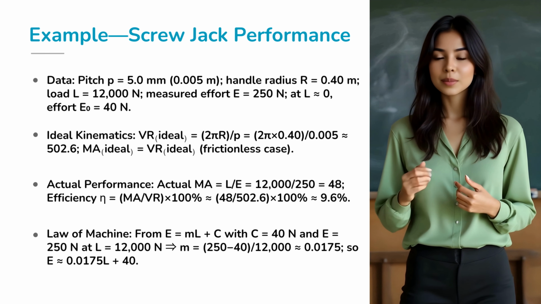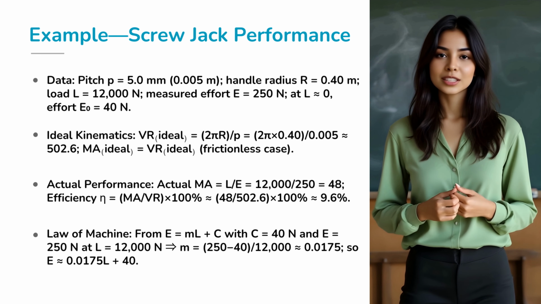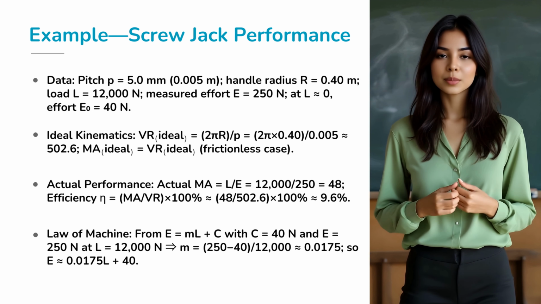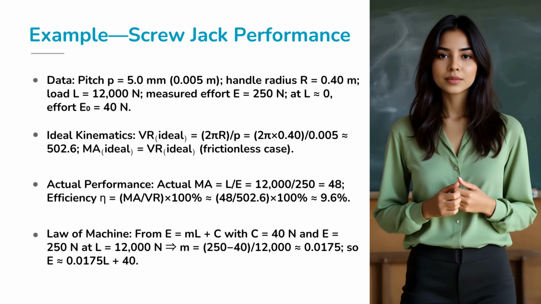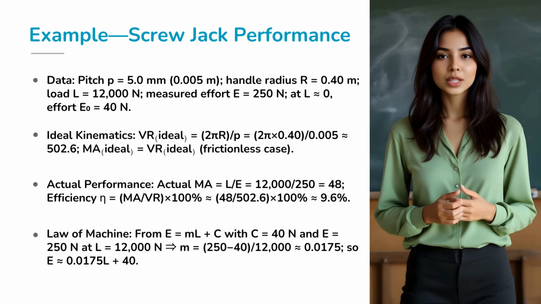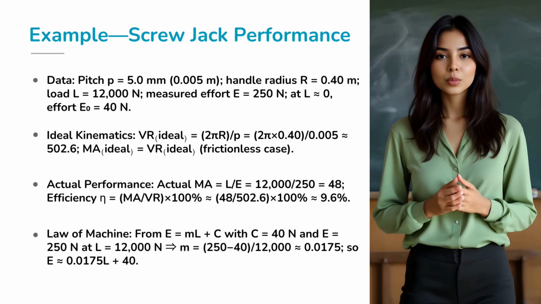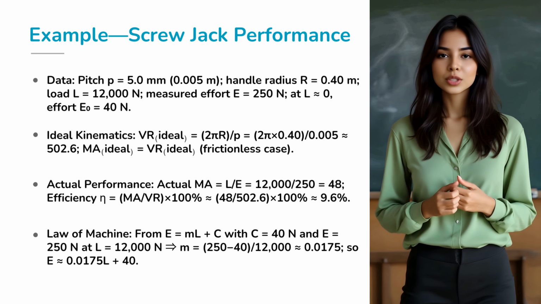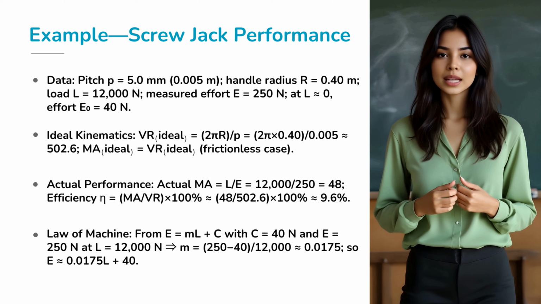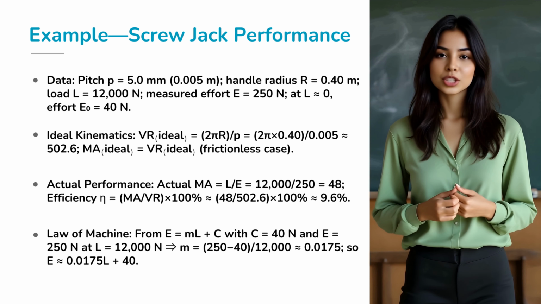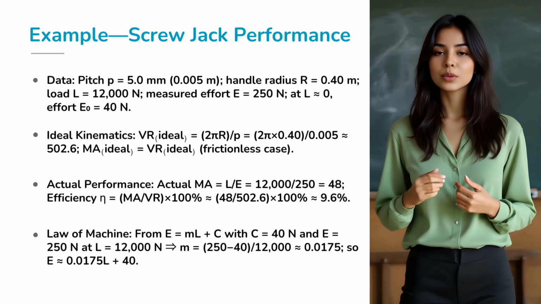From the ideal kinematic analysis, the velocity ratio in the frictionless case is calculated as 2 pi multiplied by the handle radius divided by the pitch. Substituting the values, we get 2 pi times 0.40 divided by 0.005, which is approximately 502.6. In an ideal, frictionless machine, the mechanical advantage equals this velocity ratio.